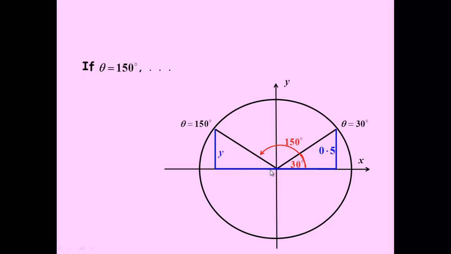And we can see here that with this 30-degree angle, in other words, an angle for theta of 150 degrees, we also get a y value of 0.5.